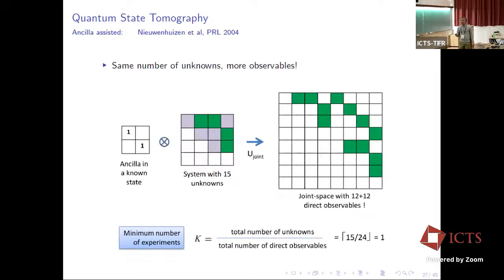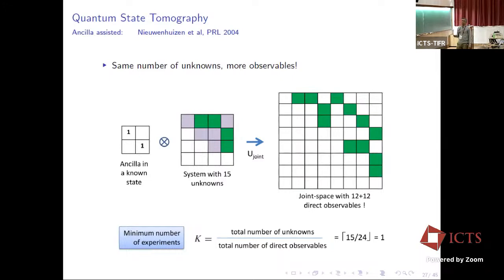Now, one proposal that has come is to use additional qubits, called ancillary qubits, in a known state. Suppose you have a certain number of qubits in an unknown state, and you want to do quantum state tomography. You add that system to some additional qubits with known state. They are called ancillary qubits.